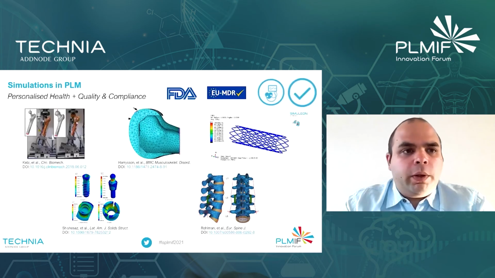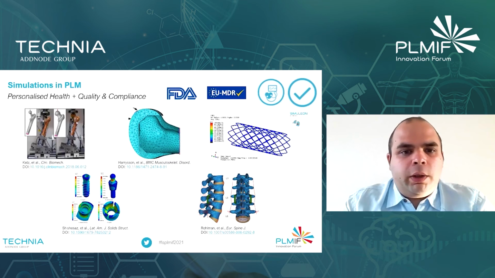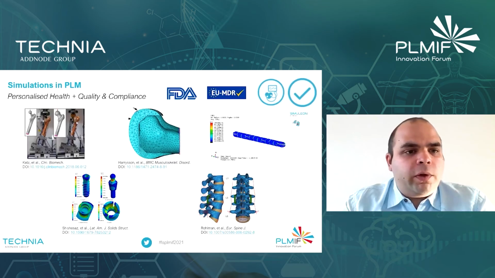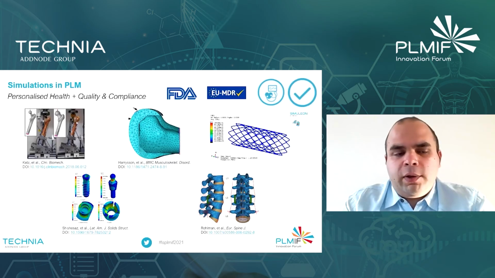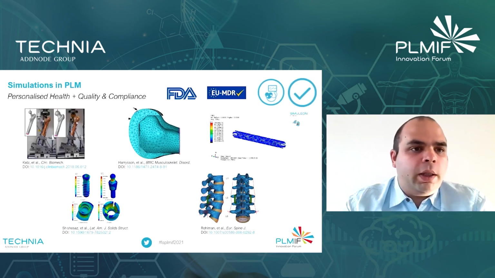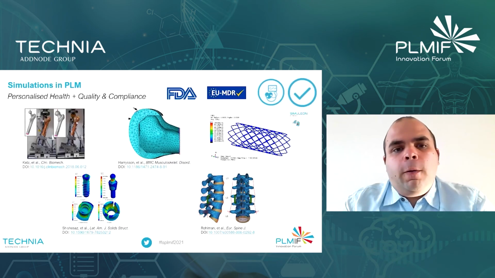And going towards the personalized health and quality and compliance, here there are a few examples where personalized health was used. For instance, on the left-hand side, you have a mechanical test that is in a finite element model, and that is sort of matched onto each other.